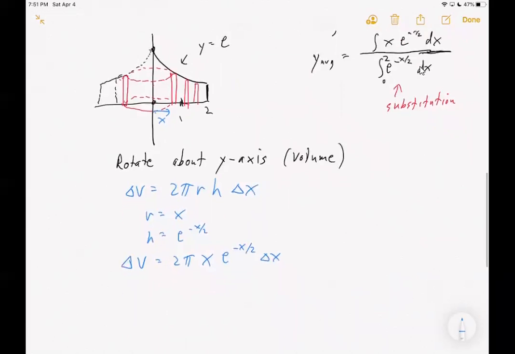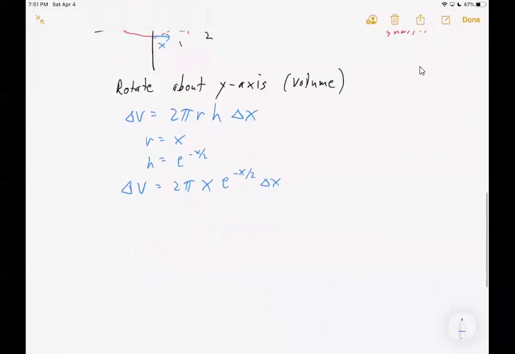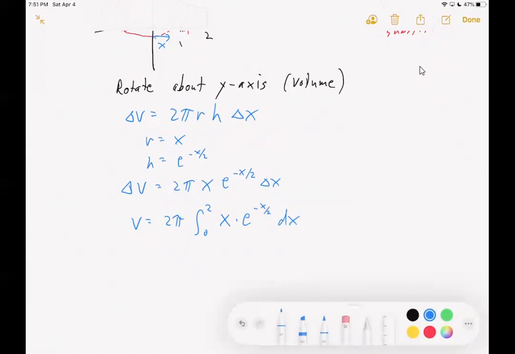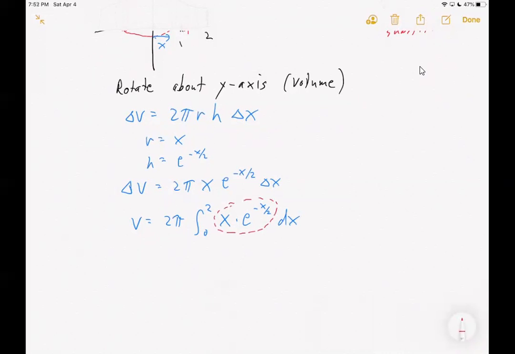I need to turn that into a volume, and that will bring out the 2 pi. We're integrating from 0 to 2 of x times e to the negative x over 2 dx. And this is just like the first moment integral if we were trying to find the average value. This is going to require integration by parts. Okay, once again, with a little substitution in the middle of that.